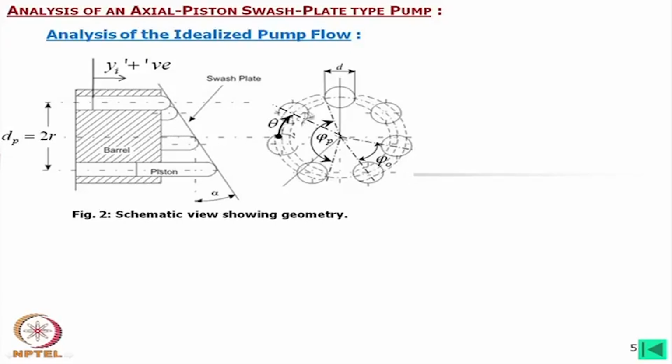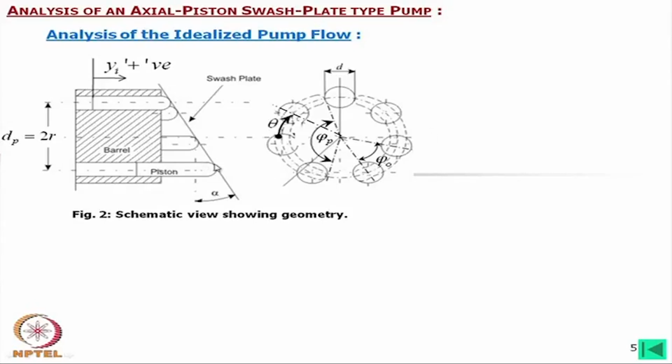If we consider the direction of rotation is clockwise, then from this side to this side will be the compression phase, and the other side will be the suction phase. The valve manifold we are talking about, this is one and this is another. One is for suction, another is for discharge.